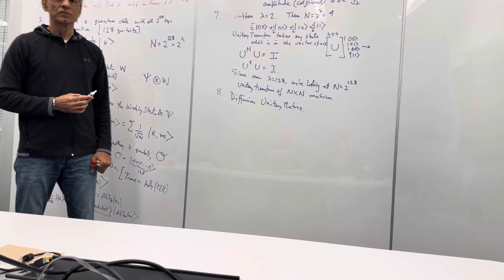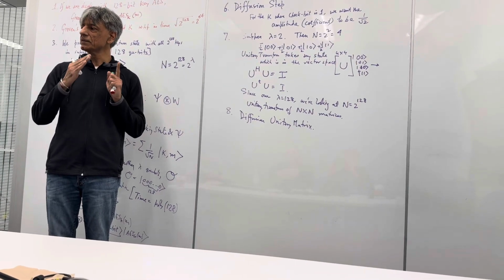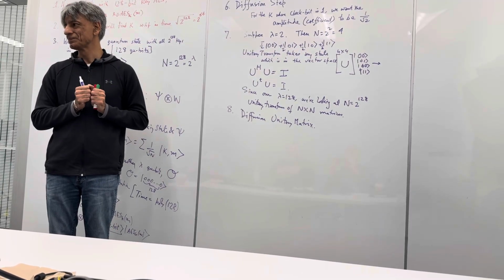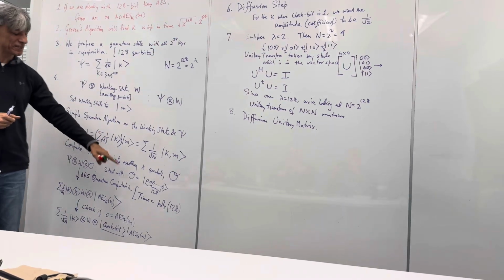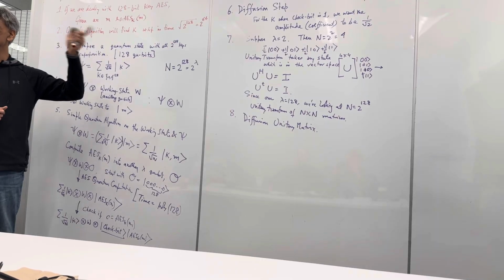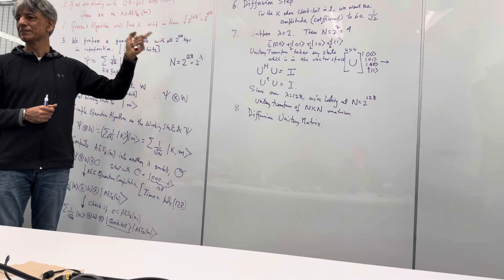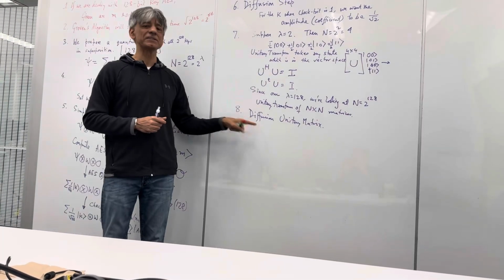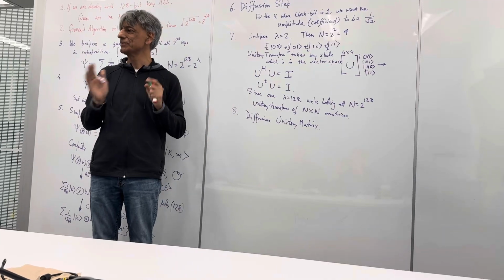I should pre-warn you that we will have to do this step square root n times. That's why the complexity is going to be this. So far the complexity was polynomial in 128. This is where it is almost exponential, but it's sub-exponential, it's 2 to the 64. We will see what a single transform is, and we're going to repeat it square root n times to achieve this goal.